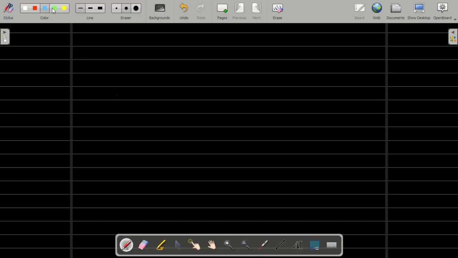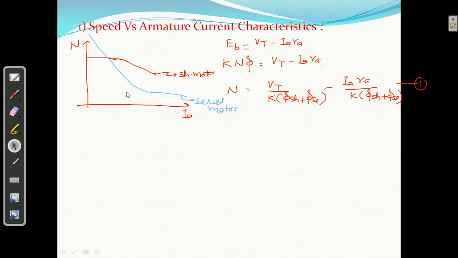First of all, I want to discuss the characteristic of the compound motor. What is a compound motor? Why do we use it? Suppose I want some application, and suppose in a rolling mill we have to decrease the diameter of the rods.